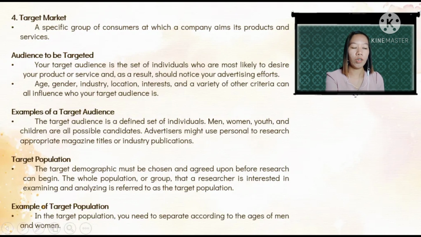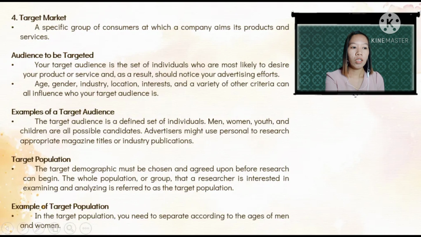Examples of a target audience. The target audience is a defined set of individuals. Men, women, youth, and children are all possible candidates. Advertisers might use personnel to research appropriate magazine titles or industry publications.